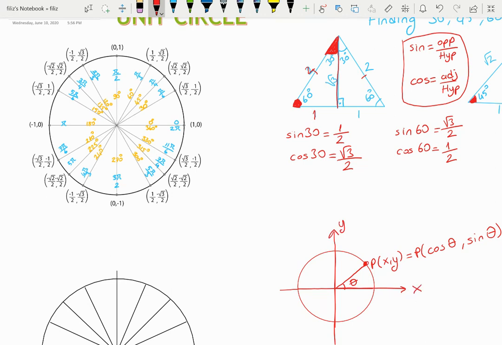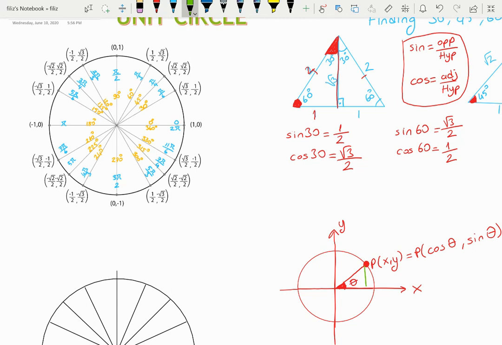So when I choose this point P and this angle theta, this point has coordinates which are x and y, but actually they are cosine and sine in this unit circle. How? Let me choose a different color.